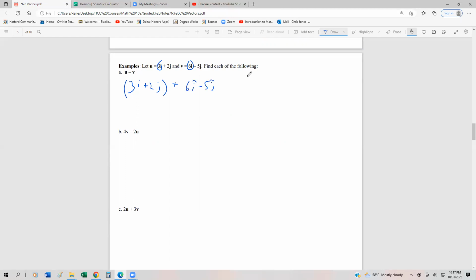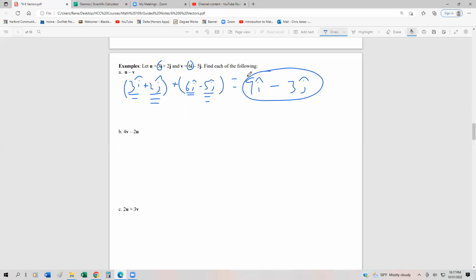I would add the i components, since they're like terms. So this would be 9i, and then we have 2 minus 5 in the j, so it would be minus 3j. That's literally as easy as it gets.